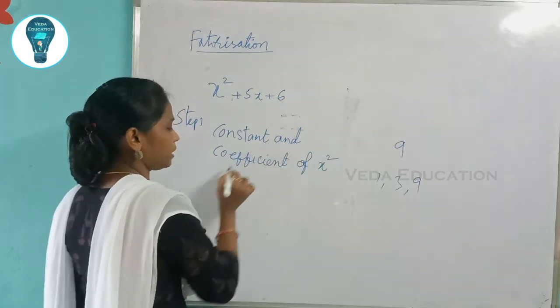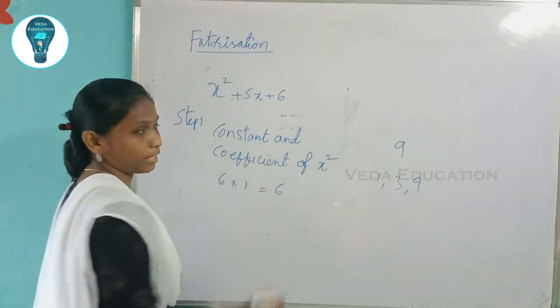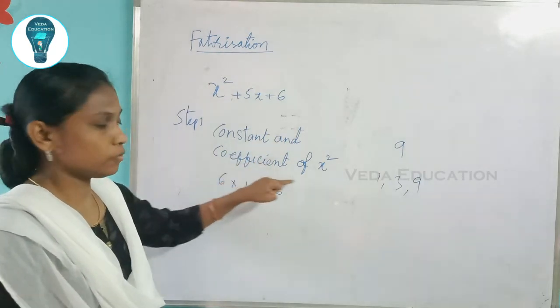Here the constant is 6 and the coefficient of x square is 1. After multiplying you will get 6. So here we are taking the product of the constant and the coefficient of x square.